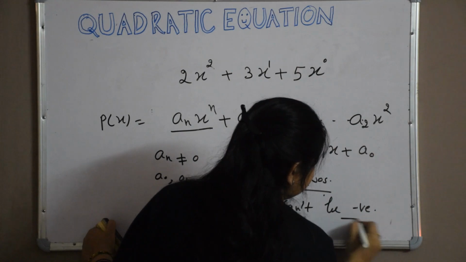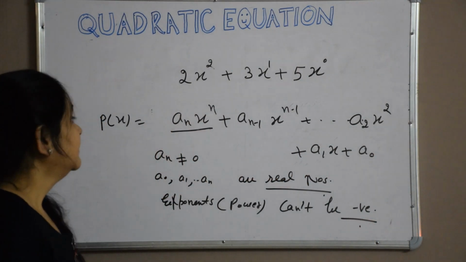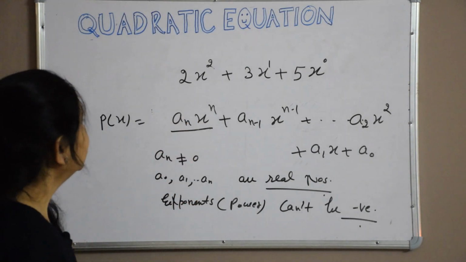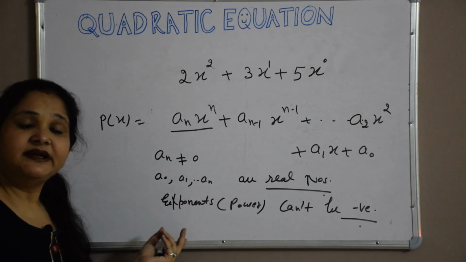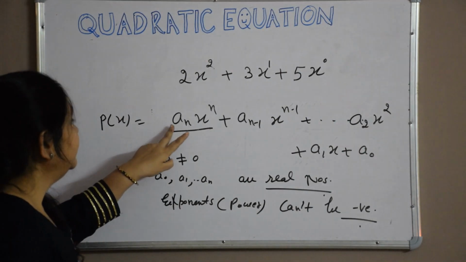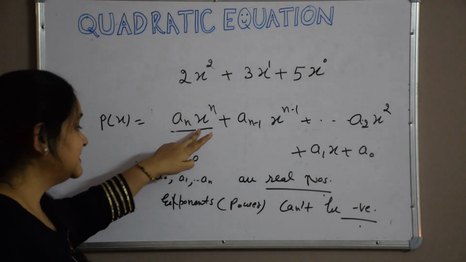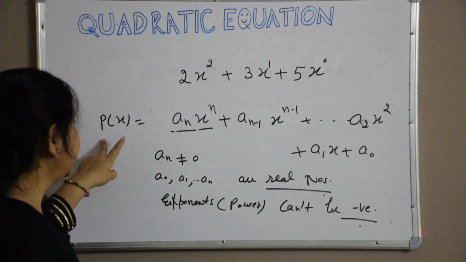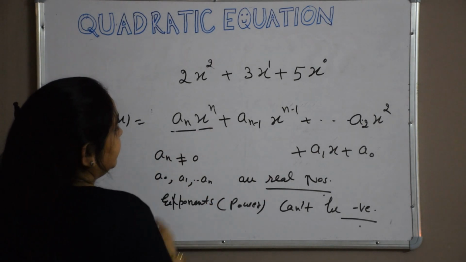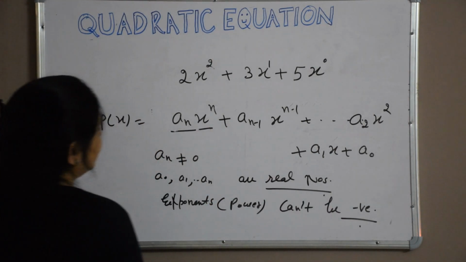It is the main condition. In an algebraic expression it doesn't matter, because it's a combination of constants and variables, but we can say it is a polynomial only when the exponent is a positive integer.